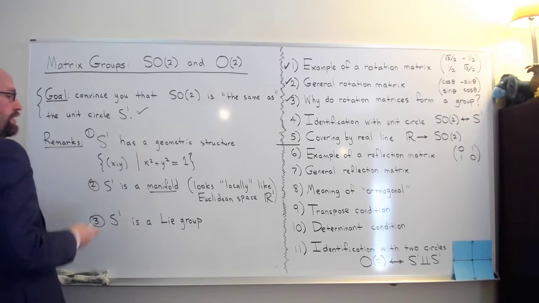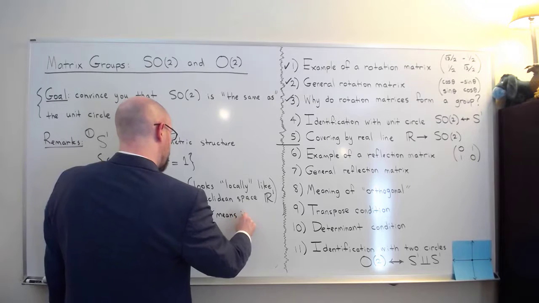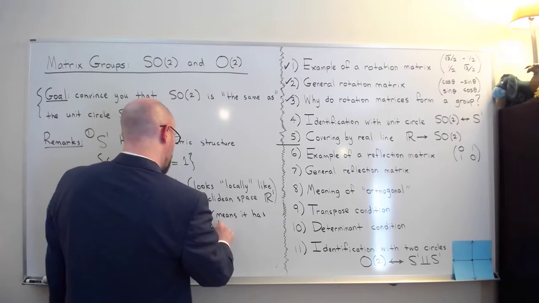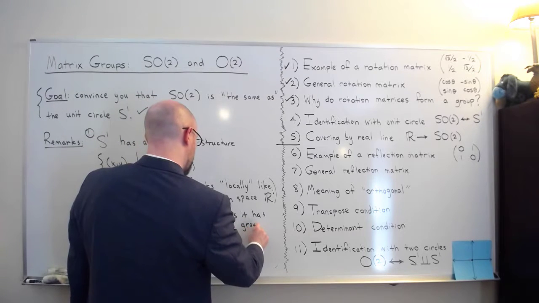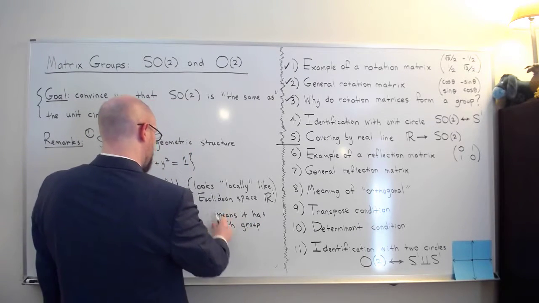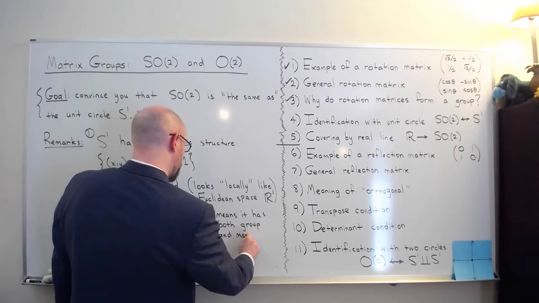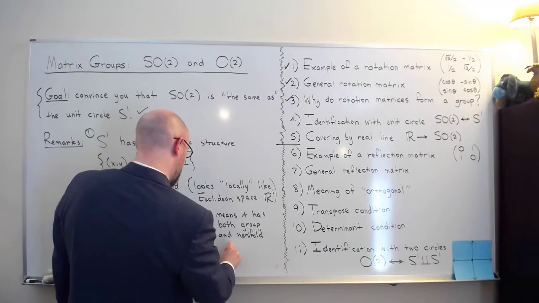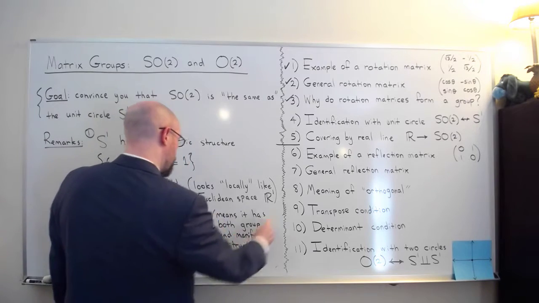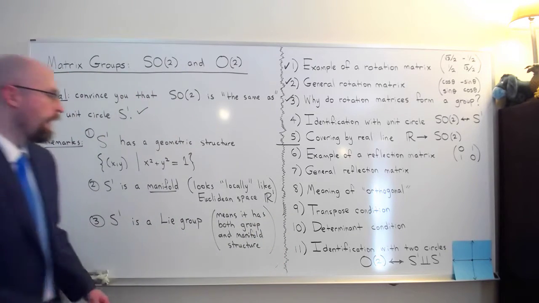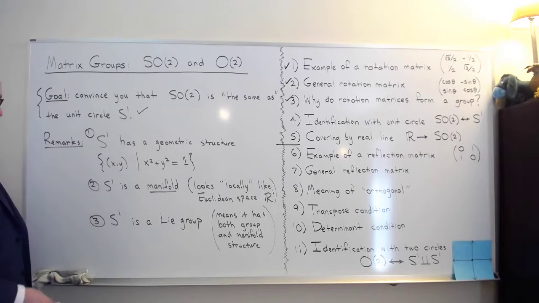It's a Lie group, and this means that it has both group and manifold structure. And there are a number of different ways in which you can see or understand this structure.